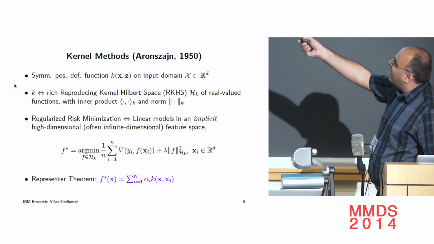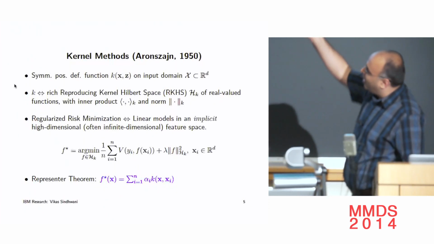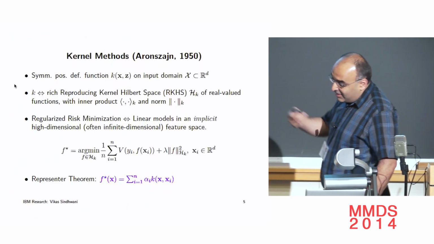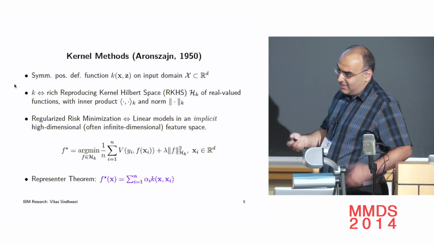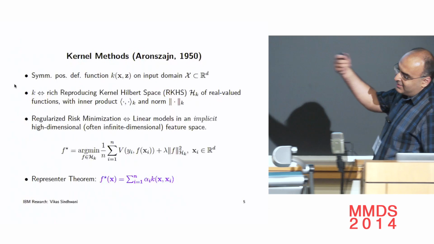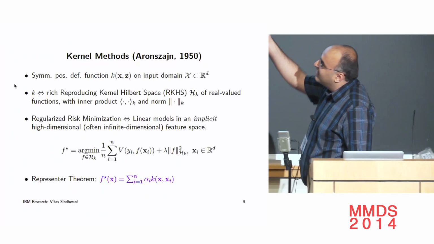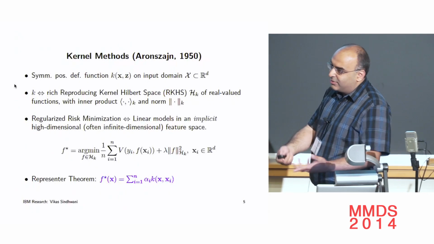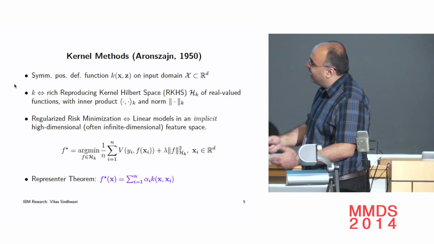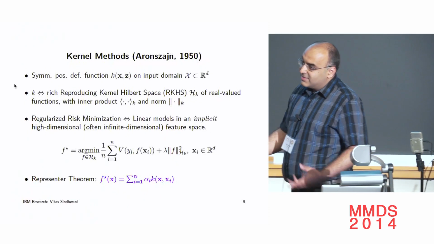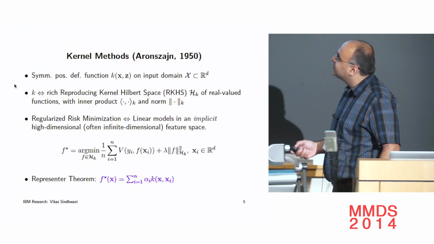So you can take this expansion and plug it back into this original functional optimization problem and arrive at something that's finite dimensional. And that's the basis of a large suite of algorithms. For instance, if V is the least squares loss, it leads to kernel ridge regression, or if V is the hinge loss, it leads to support vector machines.